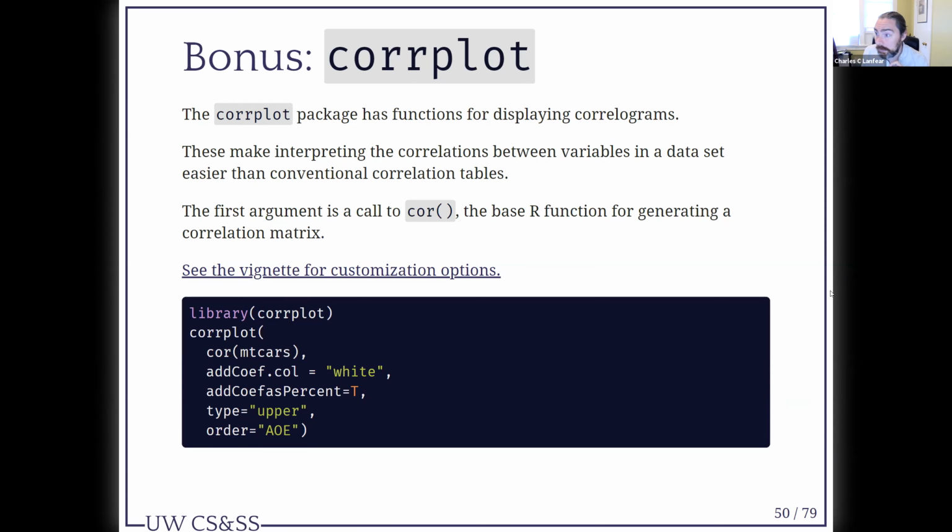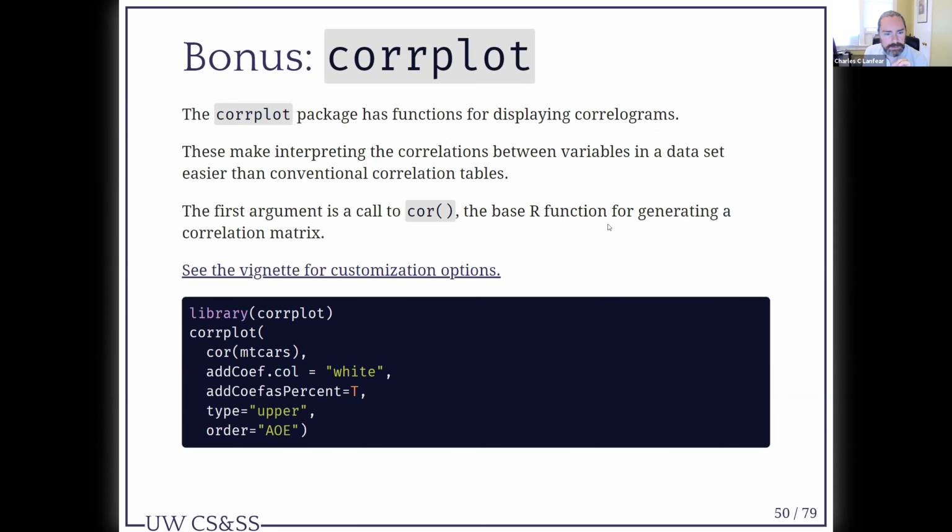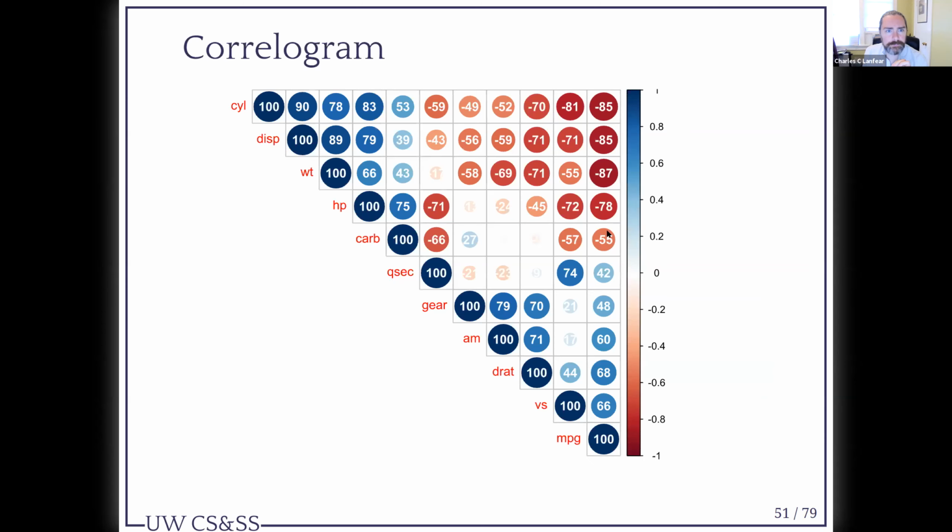Okay, this is what it looks like. This is a correlation plot of every variable in the mtcars data set. There should be ones up top. Did I accidentally remove the ones up top? Weird. Anyway, there should not be ones up top.